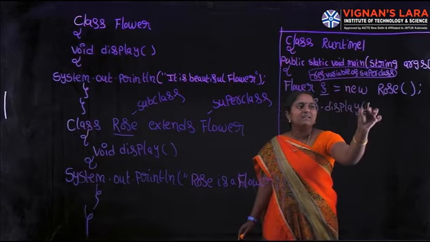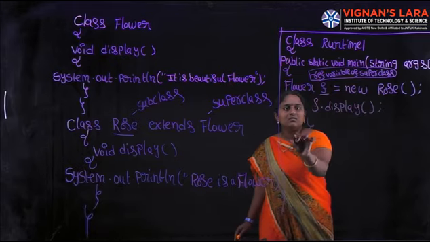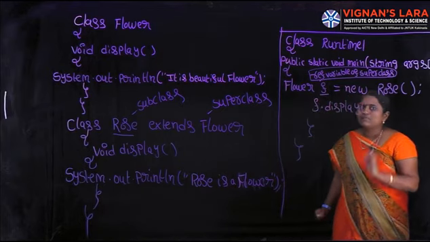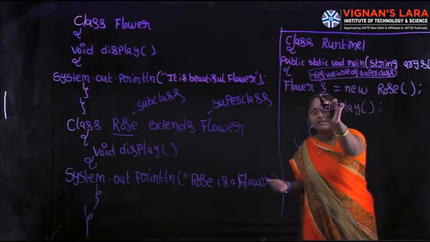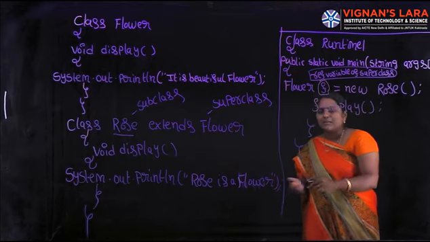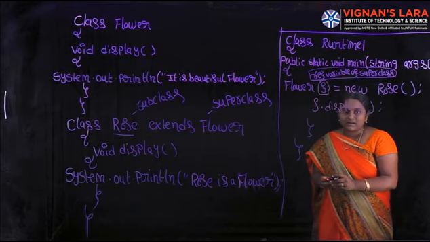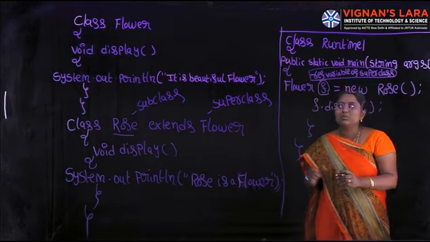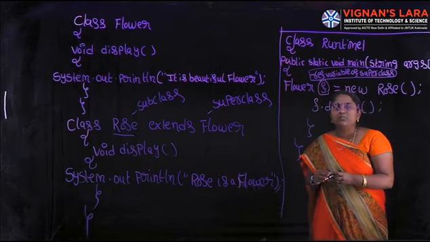Our overridden method is display. Here f is our reference variable, and the reference type is the superclass. The compiler will bind the superclass method, so the corresponding method body could be executed.